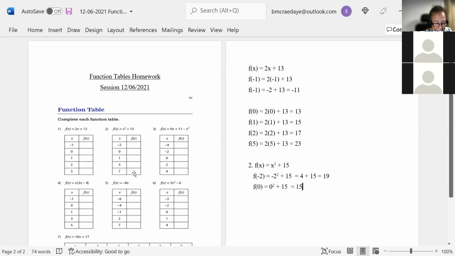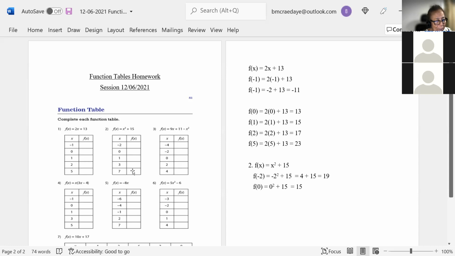Now it's a 7. What's 7 times 7? 14. Not 7 plus 7. 7 times 7. Remember, it's squared. 49. And what's 49 plus 15? 49 plus 10? 59.